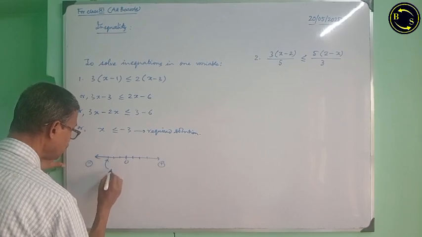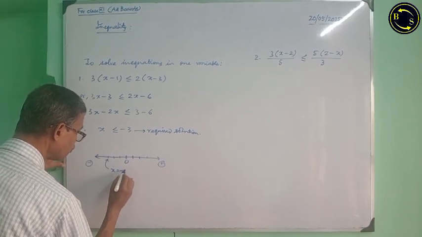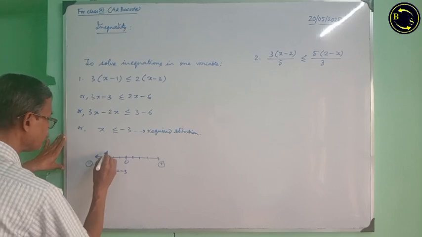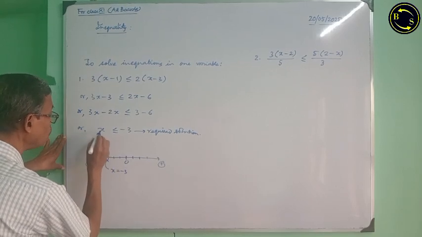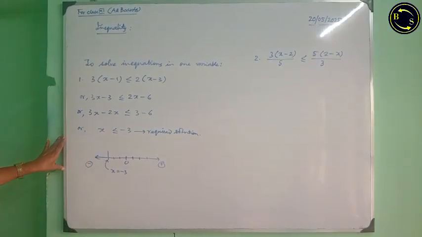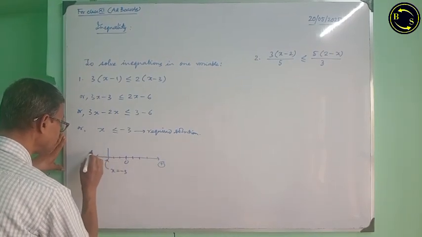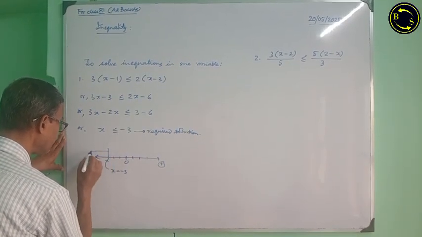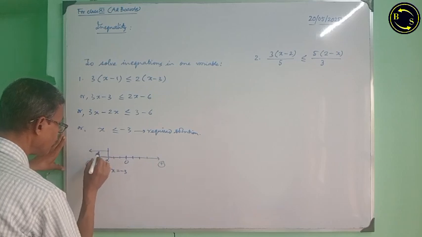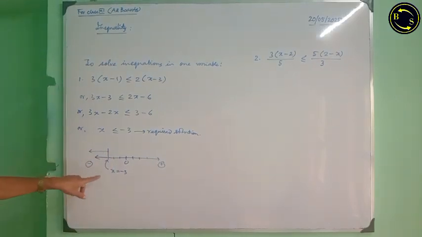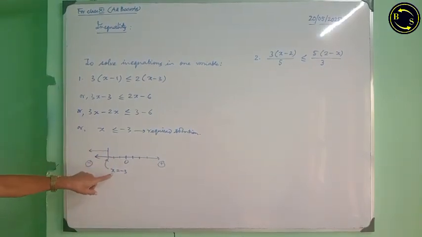This is the point x equal to minus 3. Now the value of x less than or equal to minus 3 is represented by this ray, which will touch this point, indicating x equal to minus 3.